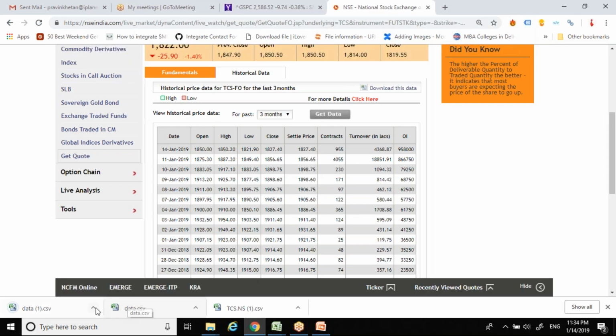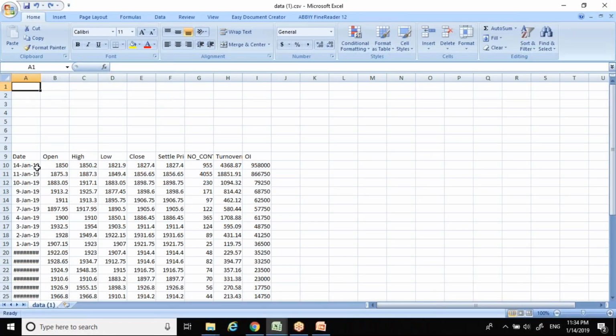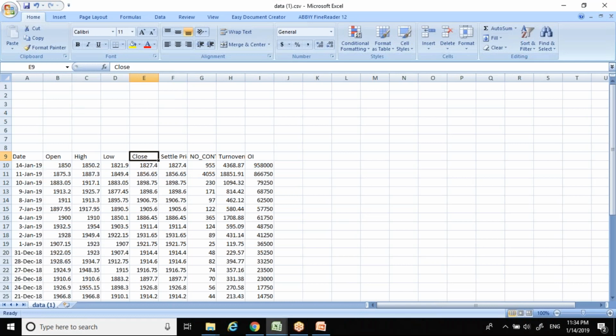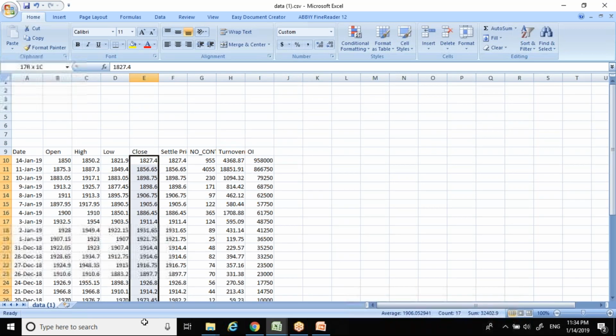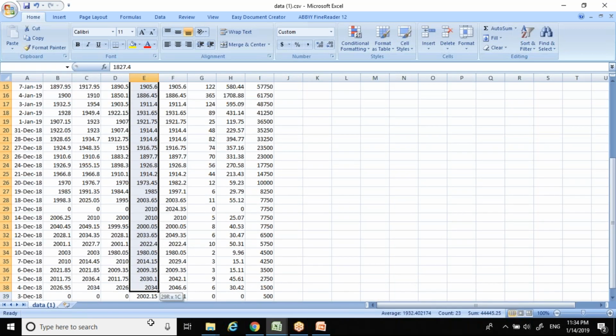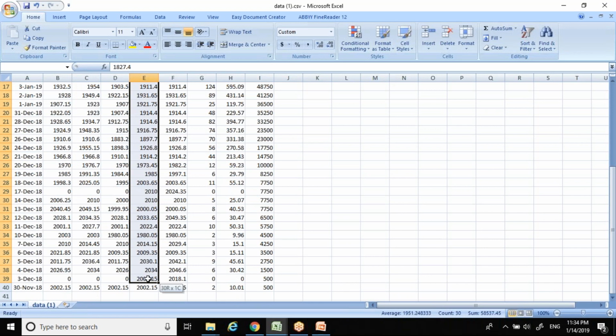Now, many times you will see that the spreads are less. You don't have to wait till expiry to roll over your contract. So I'll take the close price from 19 January to November, 26th of October. There's again a problem here. 26 to December, November 30th. We have data till 30th November.